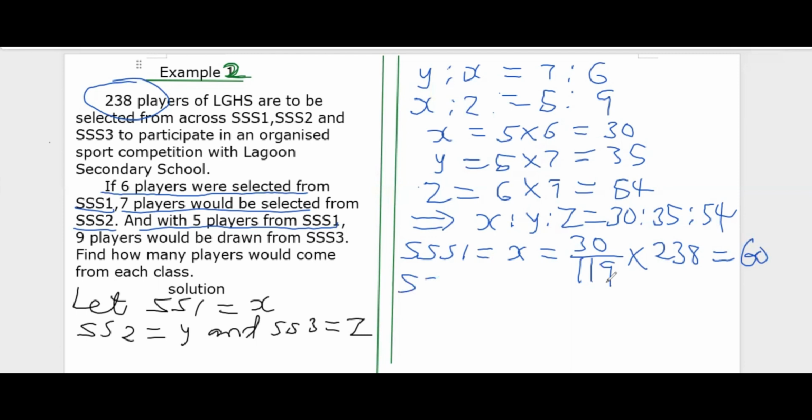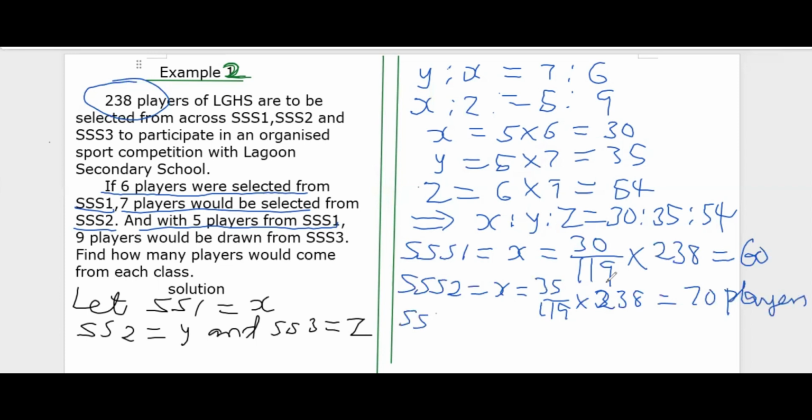Then SS2 is Y. The value of Y will be 35 over the total ratio, 119, times 238. So this gives us 70 players.